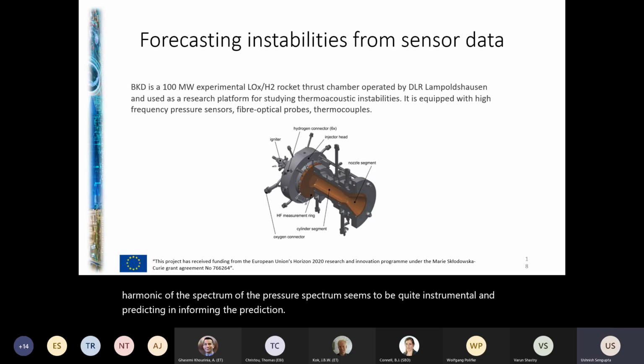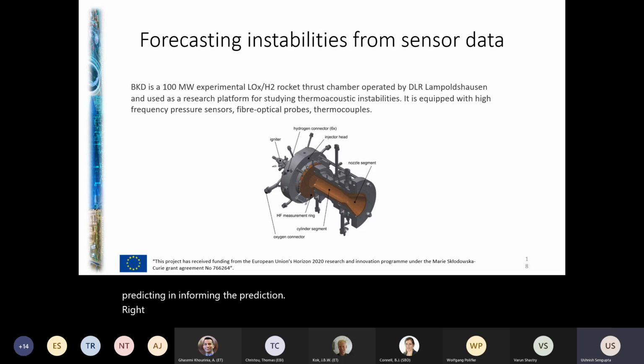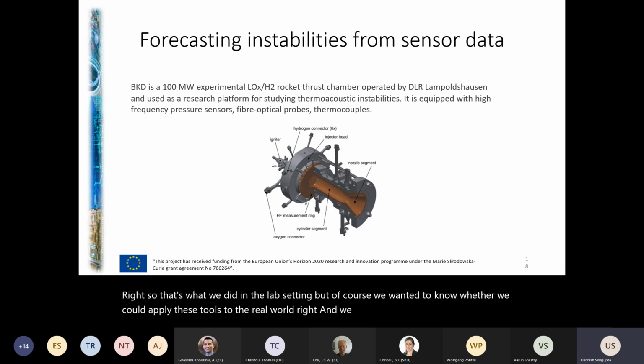So that was what we did in the lab setting, but of course we wanted to know whether we could apply these tools to the real world. We have collaborators at the German Aerospace Center, and they operate this 100 megawatt, very large liquid oxygen hydrogen rocket thrust chamber, which displays thermoacoustic instabilities.